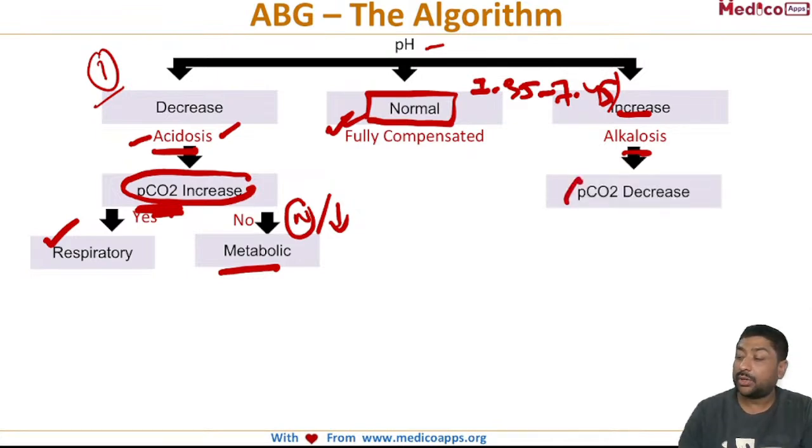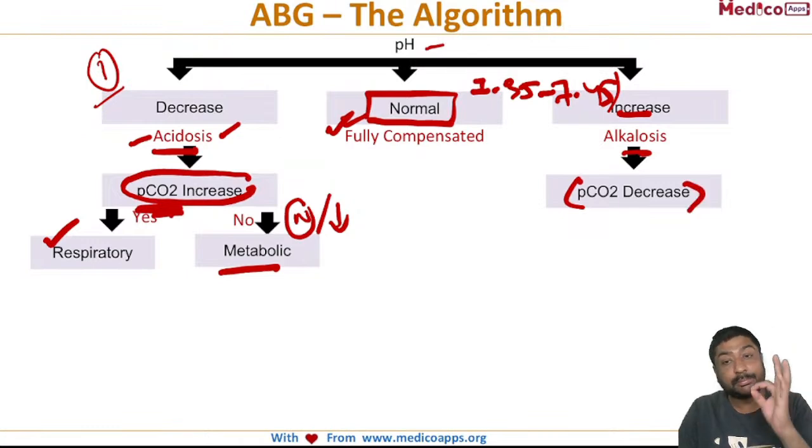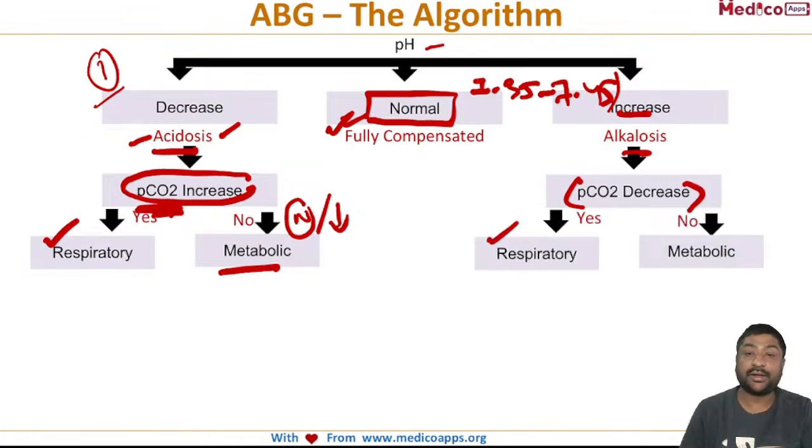Even in alkalosis, look at the PCO2. If the PCO2 is decreased, the cause is respiratory. If the PCO2 is either increased or normal, then it is a metabolic cause. Very, very simple. To determine whether it is a metabolic or respiratory cause, you always look at the PCO2. If PCO2 is increased in an acidosis, it is respiratory acidosis. If the PCO2 is decreased in an alkalosis, it is respiratory alkalosis. Otherwise, it will always be metabolic.